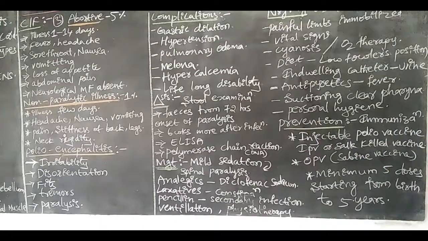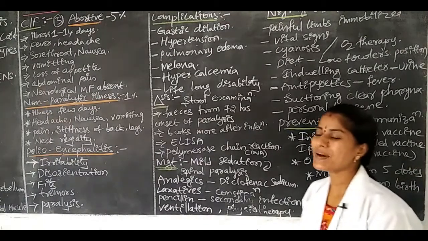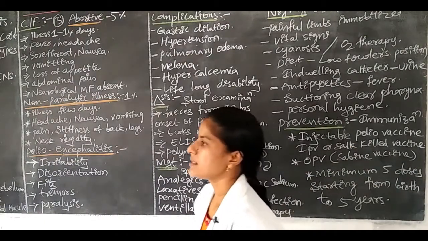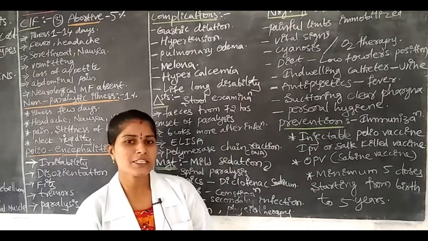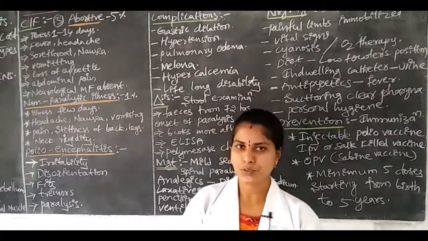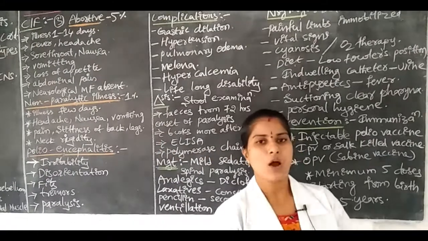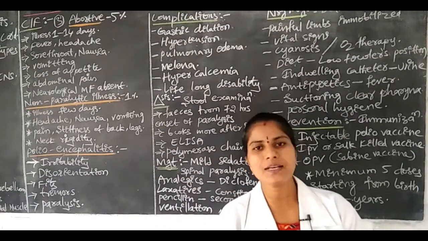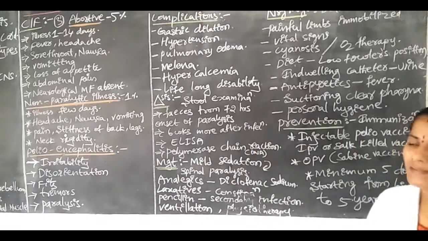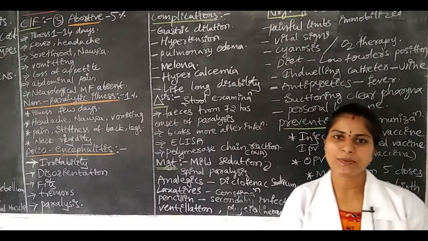Okay, next we have to improve personal hygiene. Why? Because the virus is easily spread through stool or feces, no? Okay, that's why we have to improve the personal hygiene of the children. Okay, this is regarding nursing management.